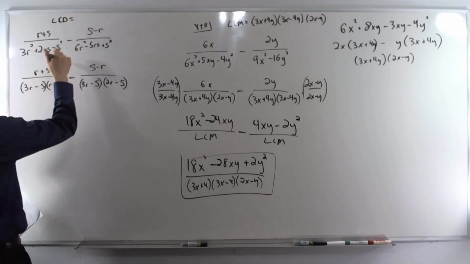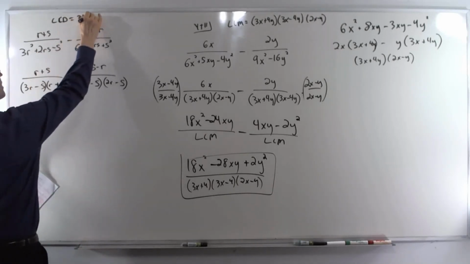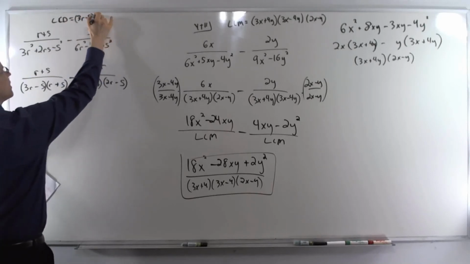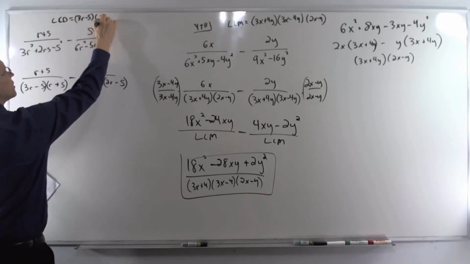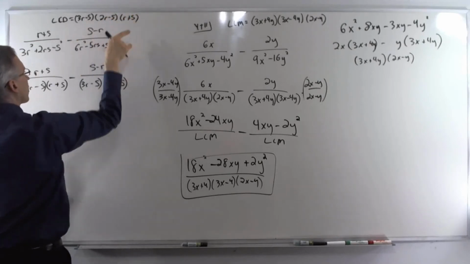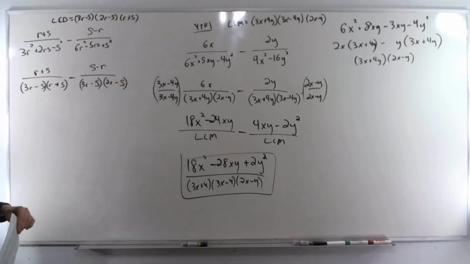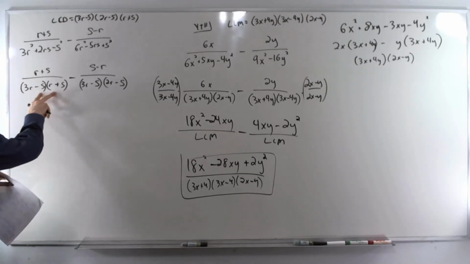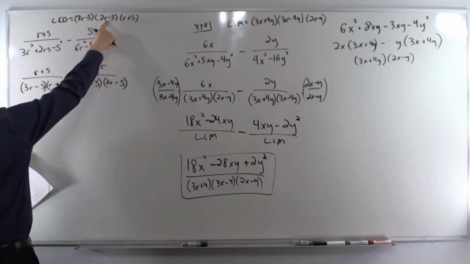We got 3r minus s, 2r minus s and r plus s. So those are three unique binomials from the denominators. All right, so this one is missing 2r minus s.